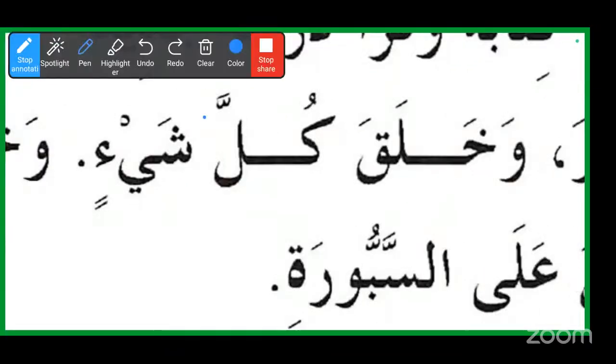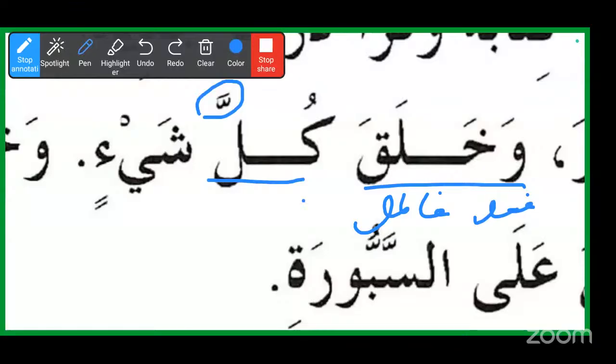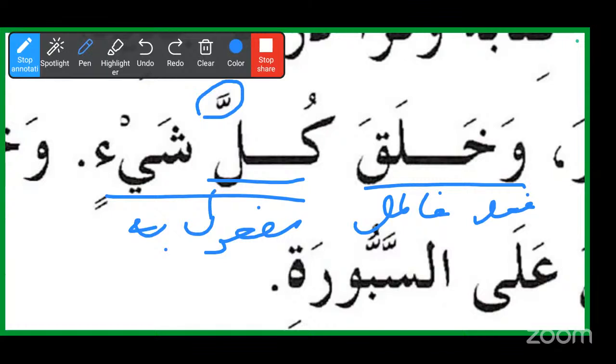وخلق كل شيء. Again, وخلق, kulla, not kullu. Why? Because kulla is the object. Kulla shay'in, everything. وخلق is the fi'l and Allah the fa'il. كل شيء is the مفعول به, which is itself mudaf and mudafun ilayh.